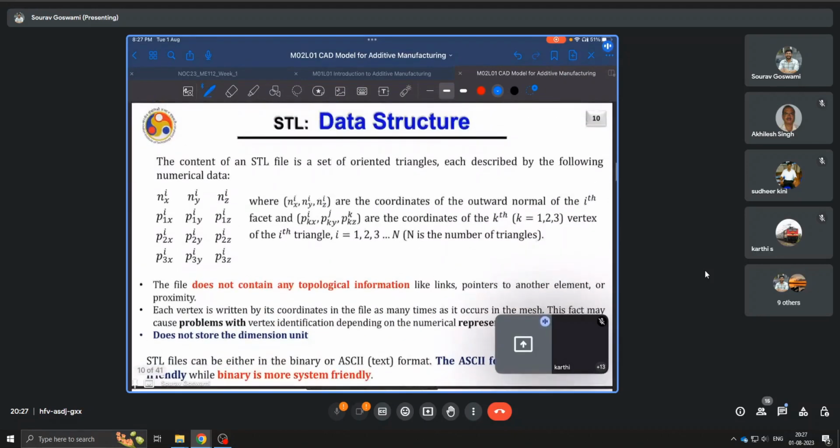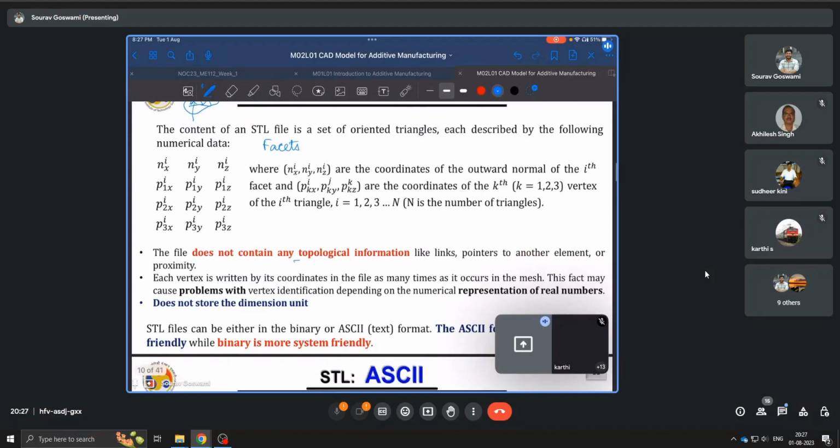Now, the contents of an STL file. So, what an STL file actually describes are facets, actually these small triangles that you see tessellating any surface. They carry information about these individual facets. The files lack any topological information, so strictly geometrical.